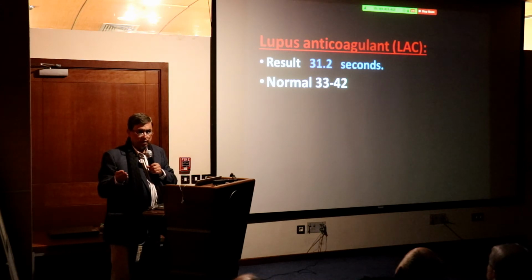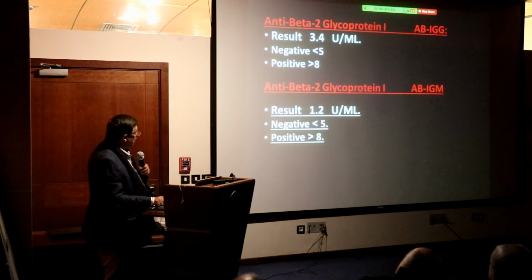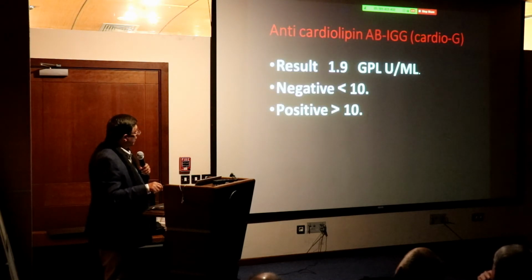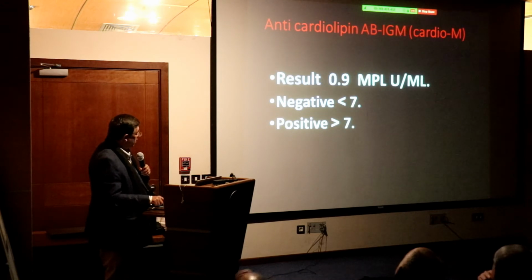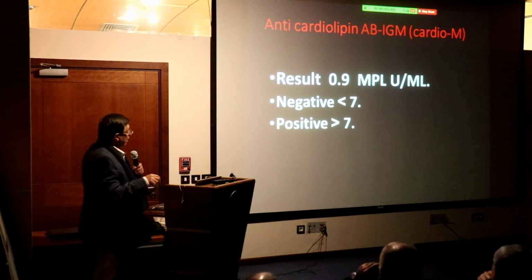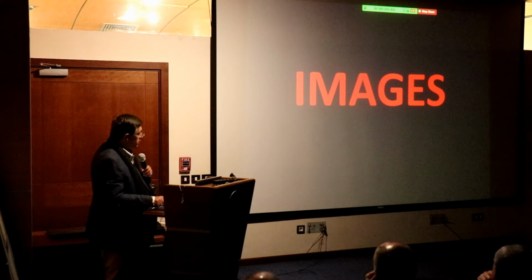No, as I mentioned, her antiphospholipid profile reverted to normal. Anti-beta 2 glycoprotein IgG and IgM were within normal. Anticardiolipin, again, was normal. Because she came to us as a new patient, we have to investigate fully. And anticardiolipin also is normal. Images.